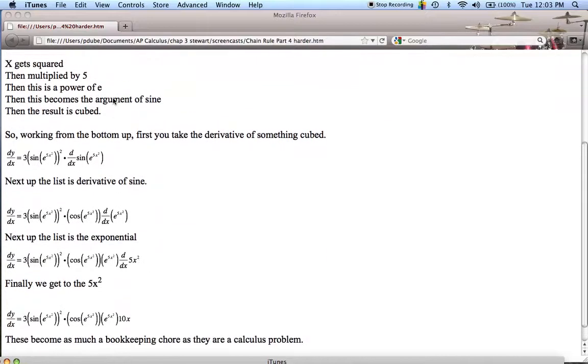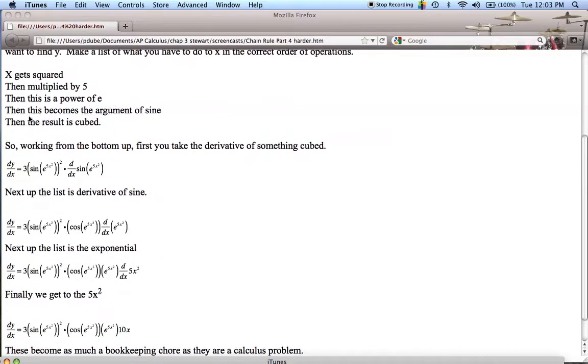So if you're working your way back up this list, you made something a power of e. So when you take the derivative of e to a power, you simply write down e to the same power. Here's the 3 times the sine of something squared times cosine of something times e to the 5x squared, which is the derivative of e to the 5x squared, times its chain rule kicker, which is 10x, because we also have the 5x squared piece there.